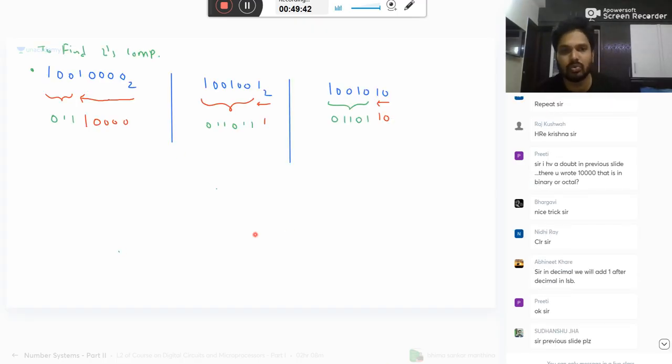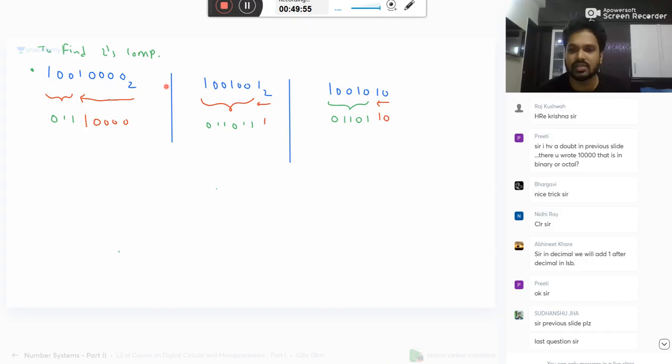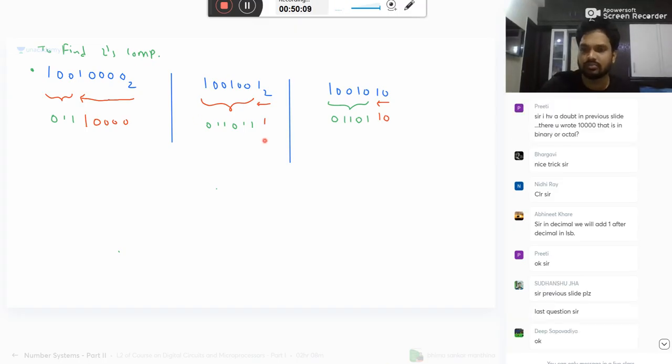I don't want to prove right now that R's complement will do subtraction with the help of addition. Just wait for some time, I will prove that. I will be proving those conditions. When I'm discussing the arithmetic operations, there I will clear your doubts, how this process will be helpful for subtraction. I will be coming to that part just after some time.